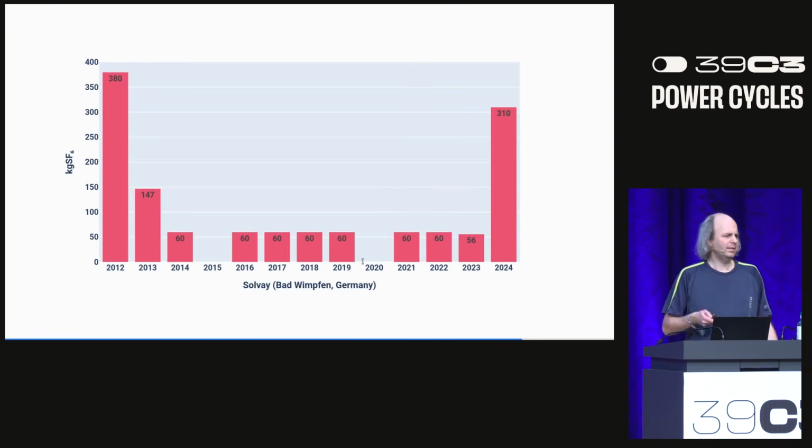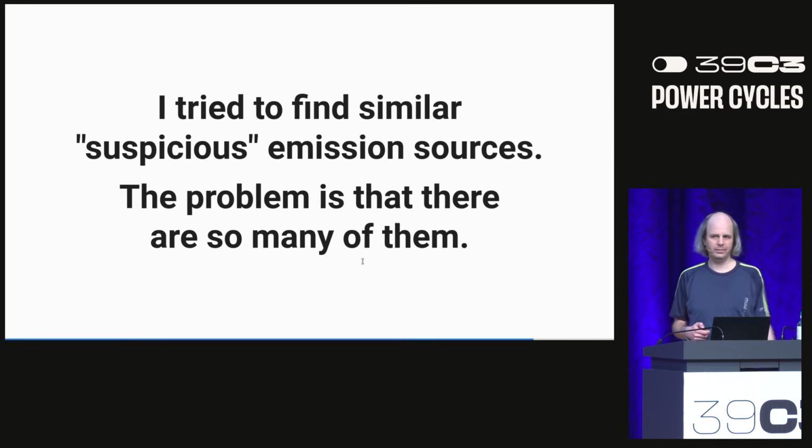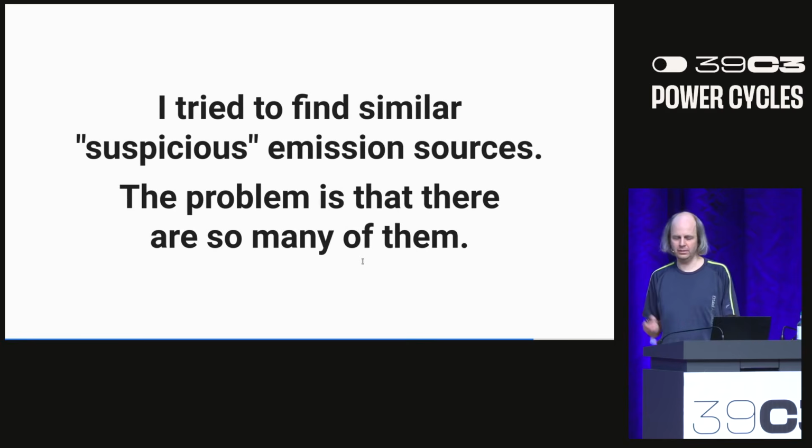Yeah, and then I wondered, can I look if I find similar cases for that? Like data gaps and suspiciously constant emissions? Problem was I found so many of them, and I wasn't really sure what to do, because in some cases it seems pretty clear something is wrong.